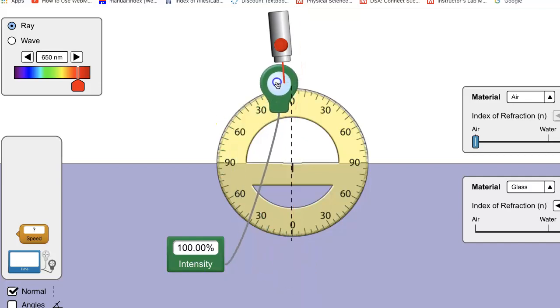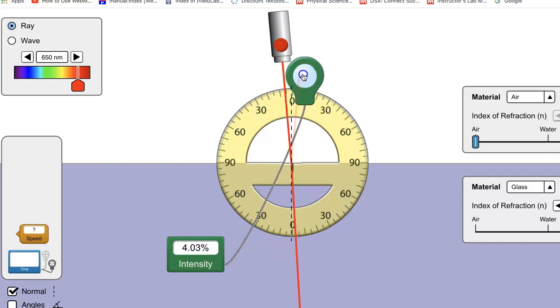For the incident, it of course is going to be 100. And for the reflected, you're going to find that it is just 4%. You are going to record these in the table. Then after that, you're going to increase the angle to 10 and measure again the refracted angle, measure the intensities, and go on.